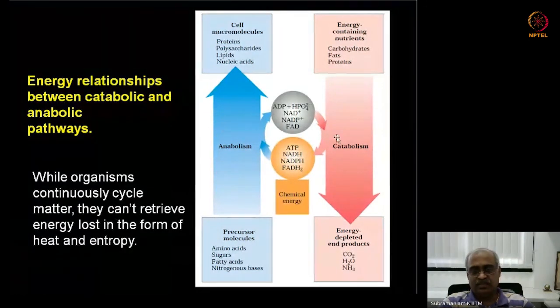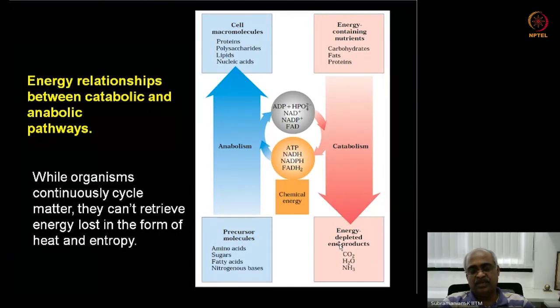So while this appears like a cycle, it is not perfect. A certain quantum of energy that is required for a specific anabolic reaction is not fully realized when that particular macromolecule in the reverse reaction is converted into an energy depleted end product.